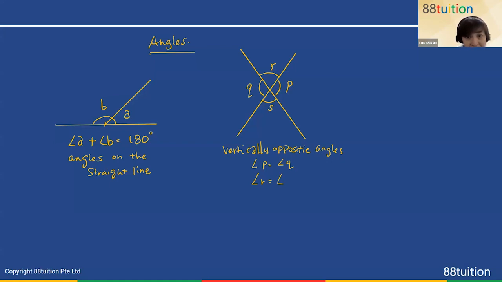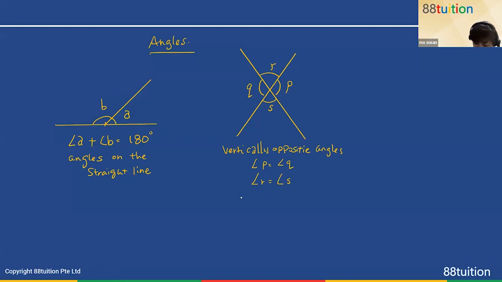How many of them have already responded? Let me check. Thank you, Lena. Thank you, Tess. Tanishka, you are right. Gerald, you are right. Rachel also, Jenny. Wow, that's quite a lot of you. If I were to read them all, it will be endless. Okay, so angle R must be equal to angle S.